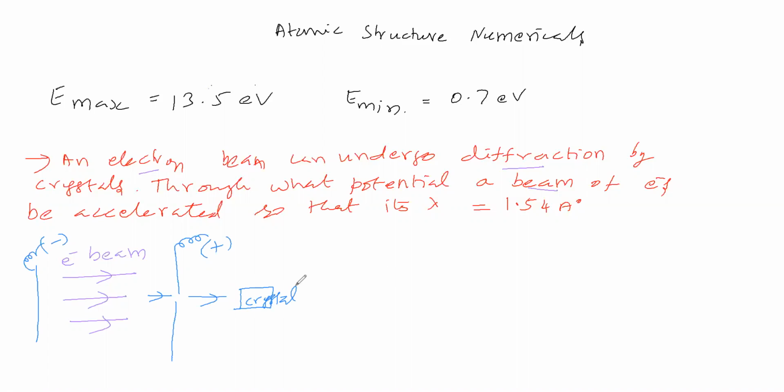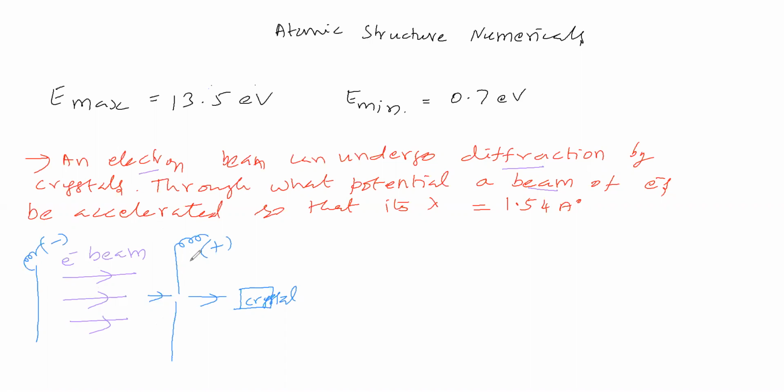Now in this electron beam, because of this external electric field, this electron beam is directed towards a particular direction.